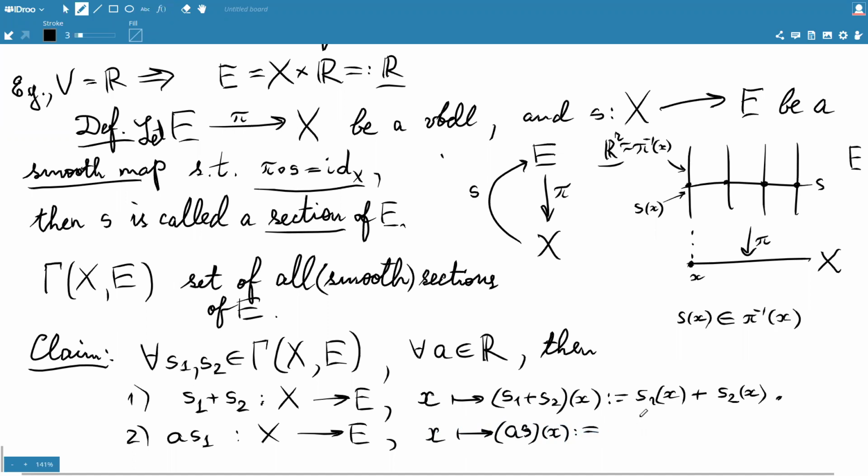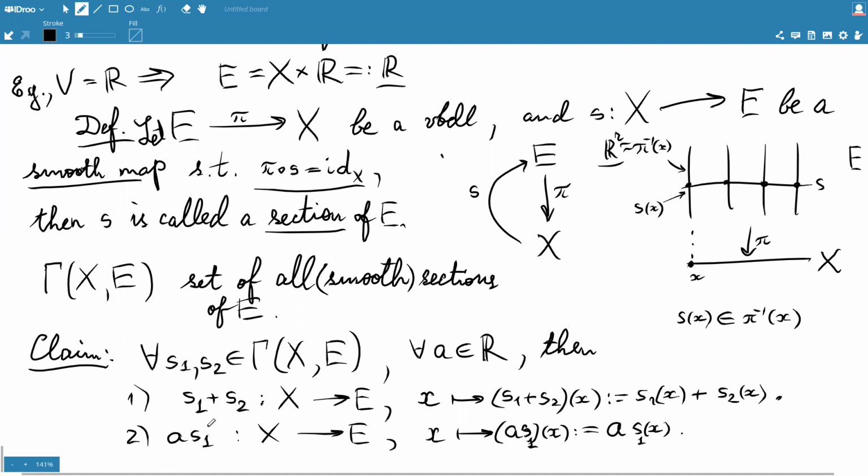By definition, you can guess yourself, this is just A times S1 of x. This is the definition of the sum of two sections and the result of multiplication by a real number.